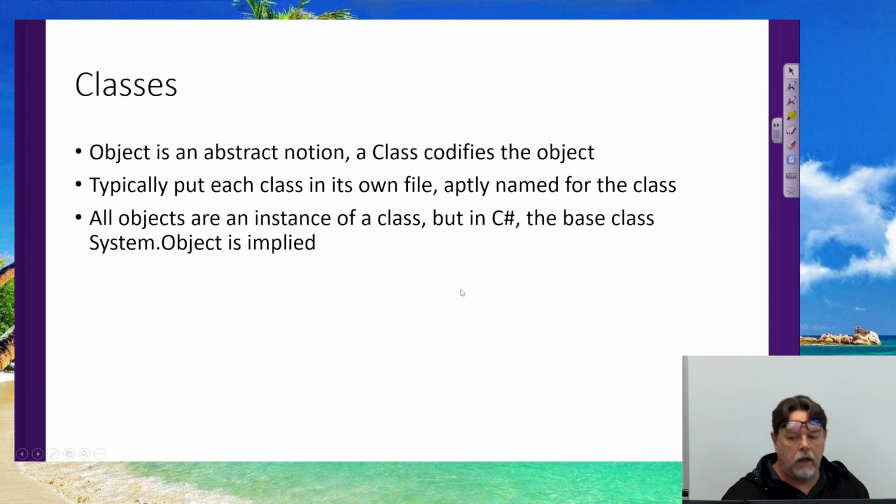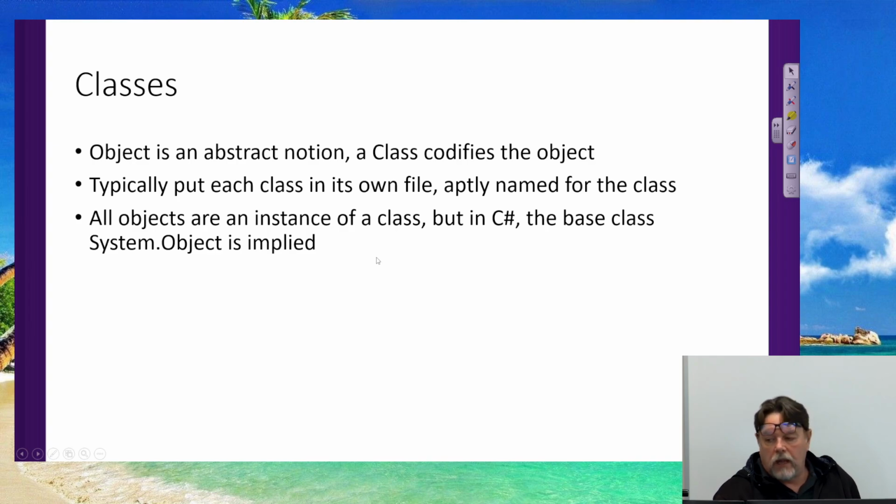So in C# you'll typically have a separate source file, a .cs file, for each class, and generally they want you to make the name of the class and the file name the same. So if I have a dog class, it's going to live in a file called dog.cs.